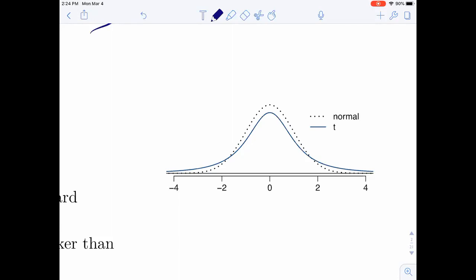And so for them to have the same area under the curve, what happens is, to make room for the tails, the center gets pushed down a little bit, right? And so you've got this normal Z distribution here, and then the T kind of goes like this, right?